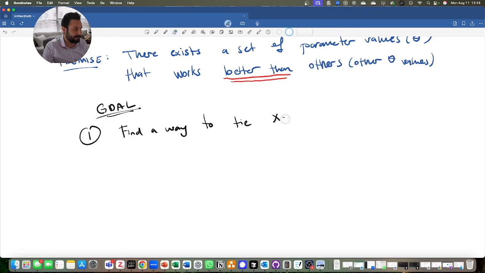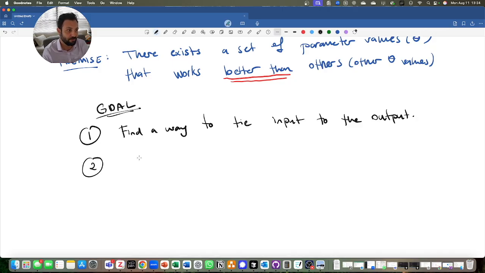Let me not introduce the terminology yet. The input to the output. So that's number one. And this way, we would like it to be parametric. There have to be some things to be learned.